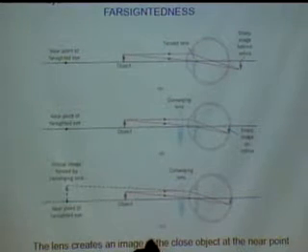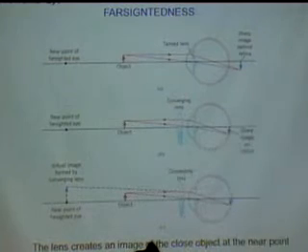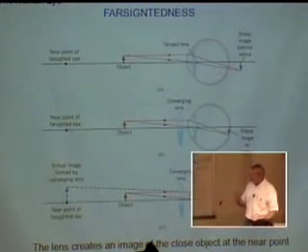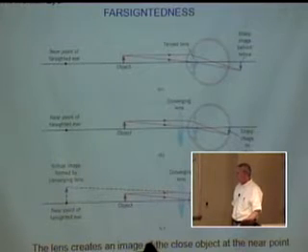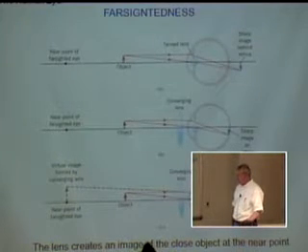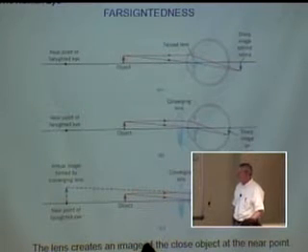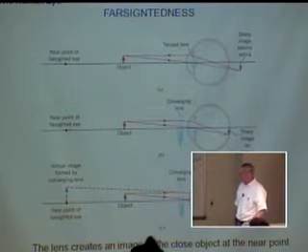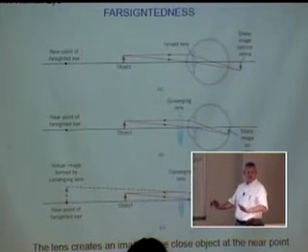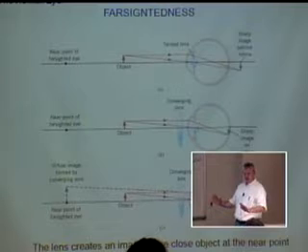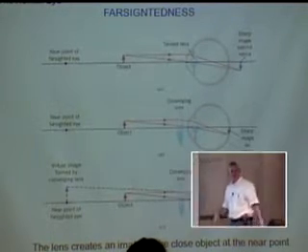Farsightedness is when your lens is completely contracted as much as it can be. I believe you can't control that, even when you squint, I don't think that really helps.